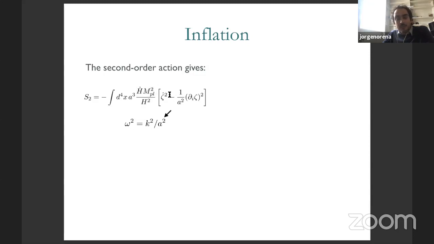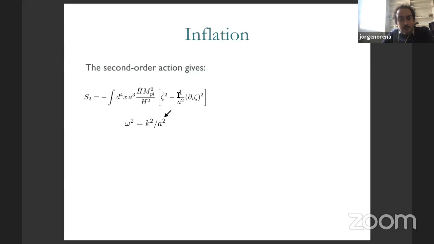But more importantly, this field is massless with no potential. It looks like that because it's a description of the metric fluctuations. And most importantly, space and time derivatives are separated. They have different coefficients. This is due to the metric, because it's not a Minkowski metric, but an expanding metric.